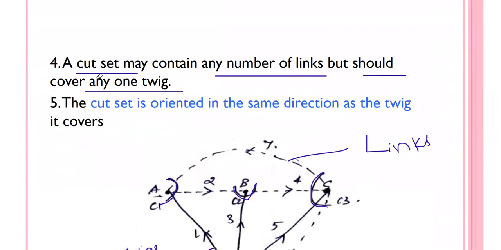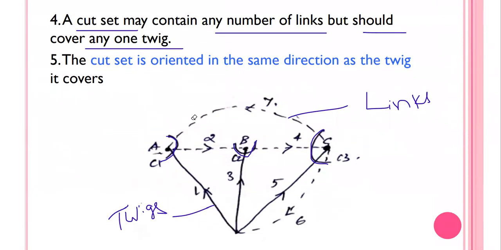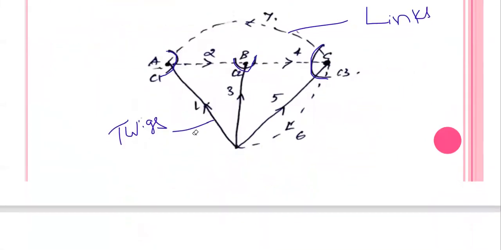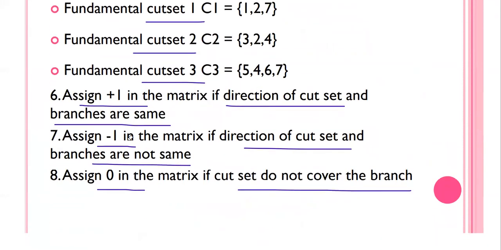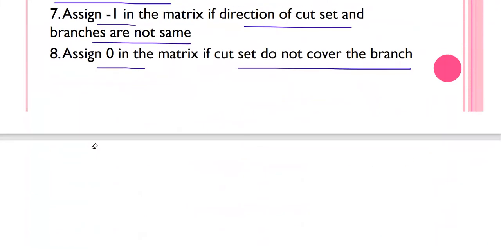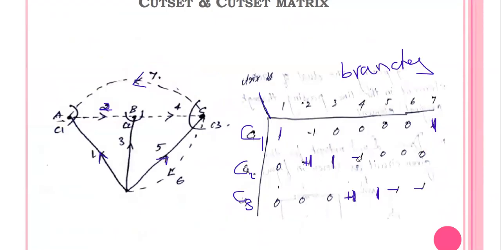After that we have to find the cut sets. In each cut set only one twig is connected; two or more links may be connected. Then, using the direction of the cut set and the branch current, we assign either plus 1, minus 1 or 0 in the cut set matrix. So this is how to construct the cut set matrix.